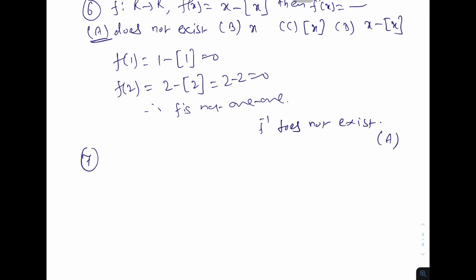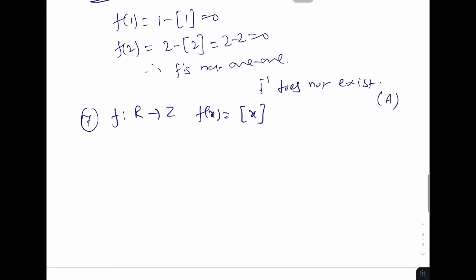Let us take this one. Similar example, f from R to Z, f(x) equal to the integral part of x. I am not writing the options, but you can easily see here f is not 1-1.